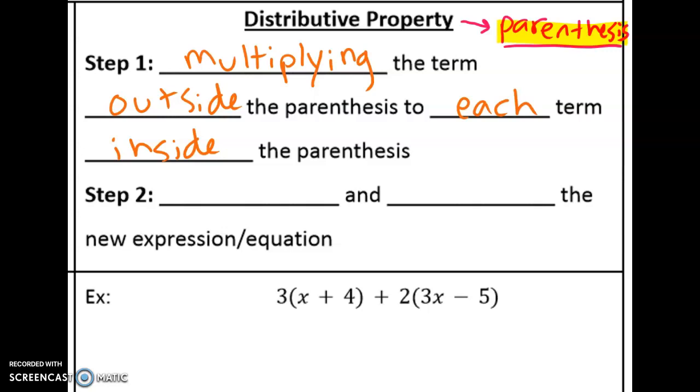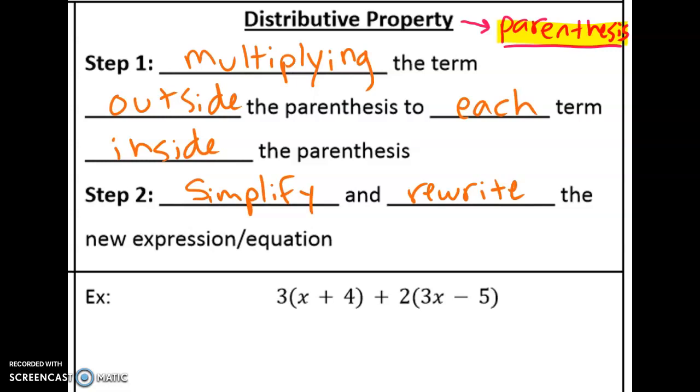And then we combine like terms like we did in the previous part of the lesson and simplify as much as possible. So step 2 would be to simplify and rewrite the new expression or equation.